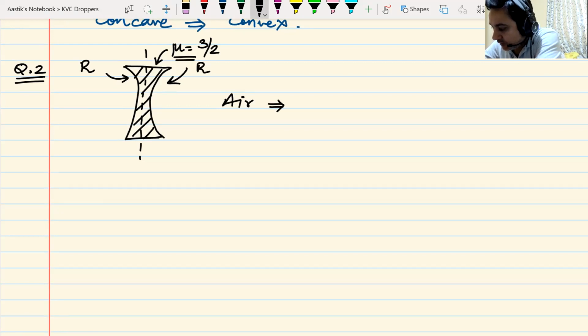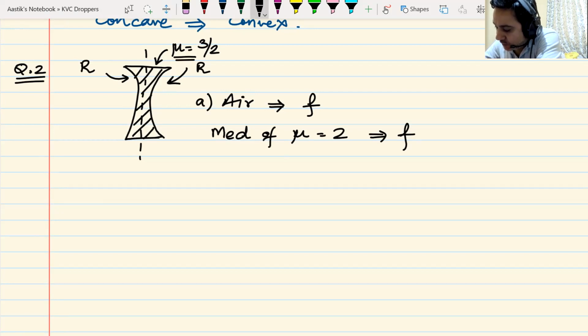So question number A is, it is placed in air, you have to find out its focal length. Question B is, it is placed in a medium of refractive index 2, you will have to find out its focal length.